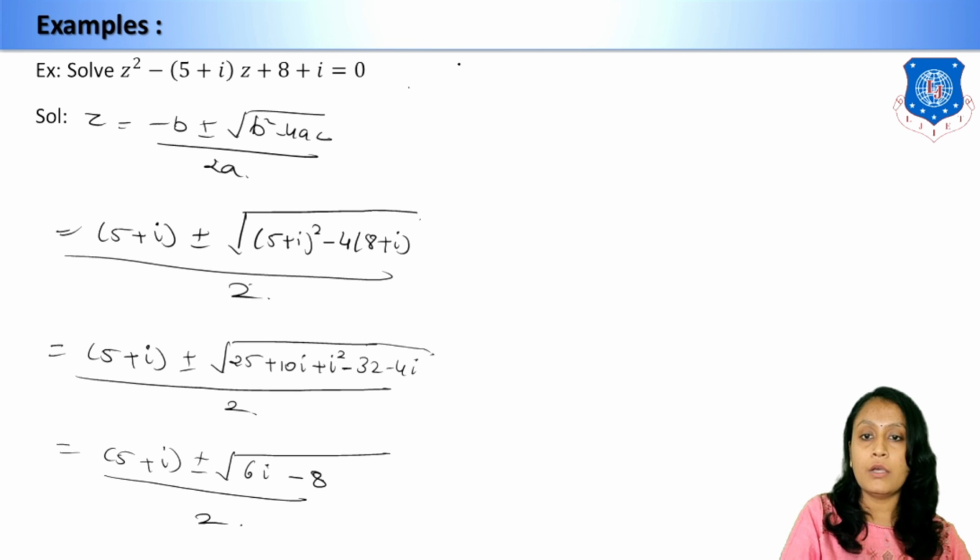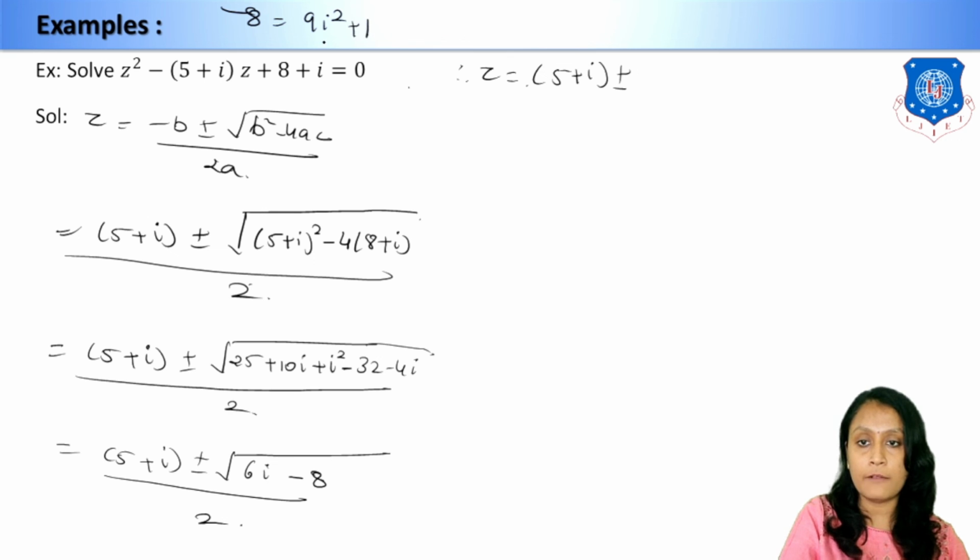Okay, now let's solve further. So this is 5 plus i plus or minus. Now this minus 8, we will write as 9i square plus 1, because answer of i square is what? Minus 1. So minus 9 plus 1 will give you minus 8. So this is under root 9i square plus 6i plus 1, upon 2.